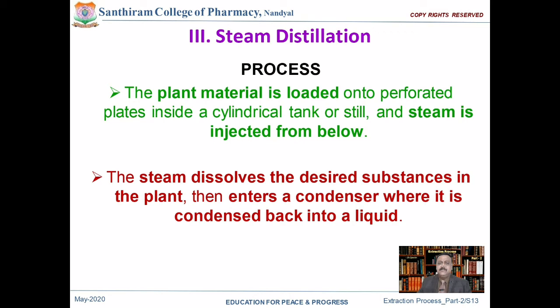The steam penetrates the material and reaches the condenser, and then the condensed liquid will have both the active ingredient, which is normally a volatile oil, along with the solvent. One will be aqueous and the other non-aqueous, right? They are immiscible with each other, and based on their density they can be separated out using a separator.